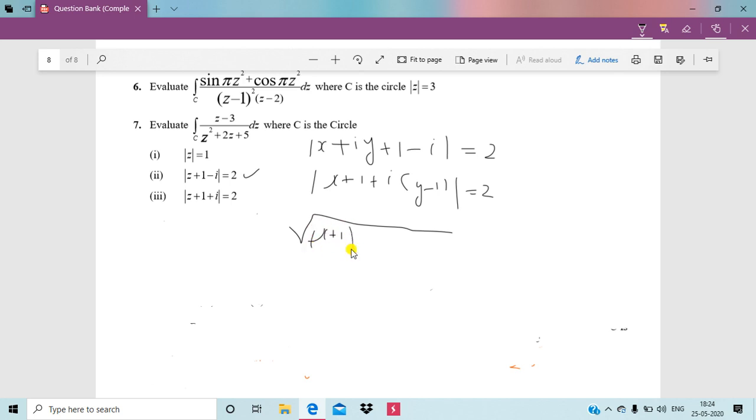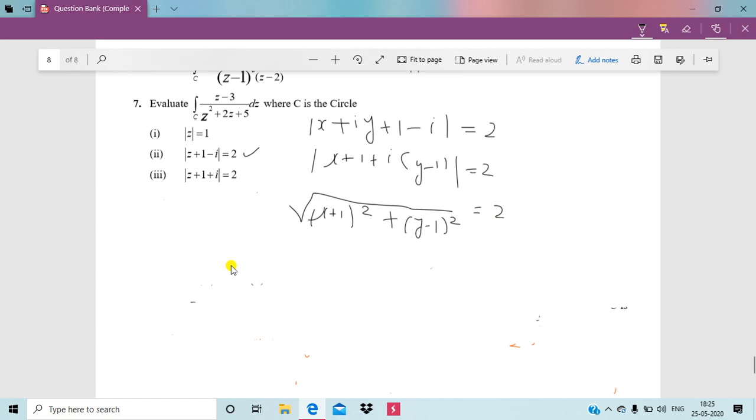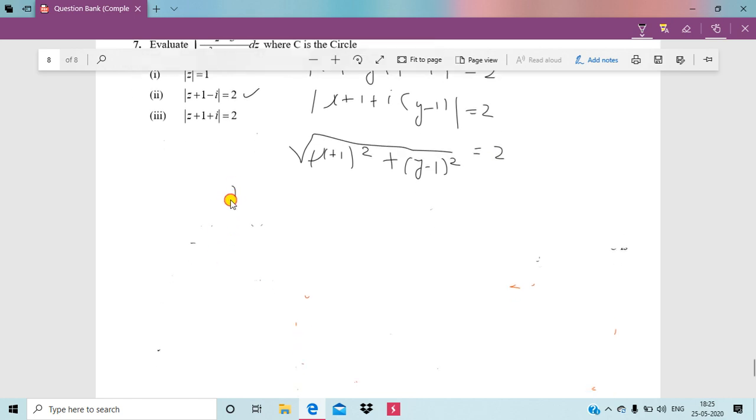x plus 1 whole square plus y minus 1 whole square is equal to 2 square.